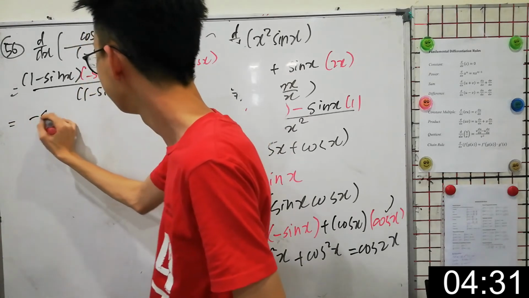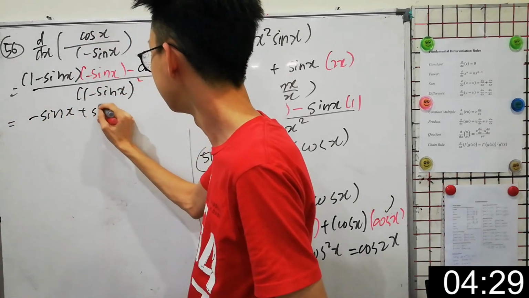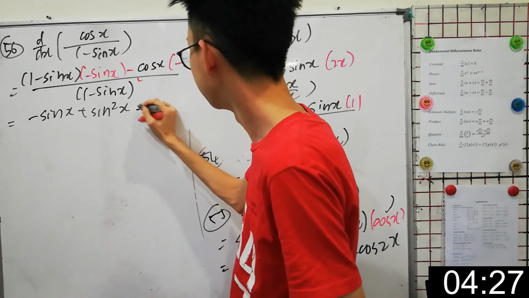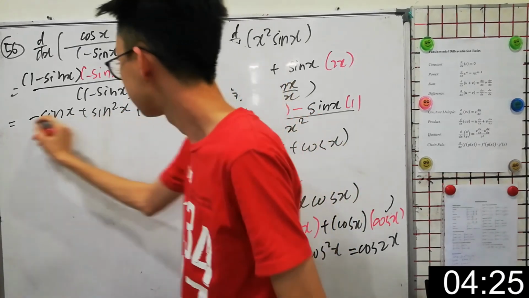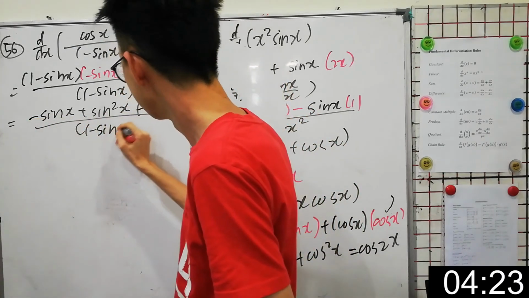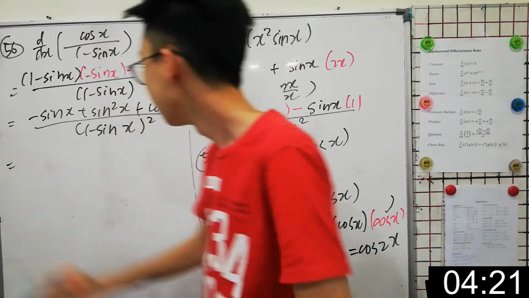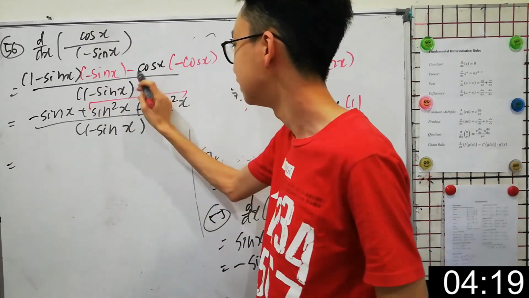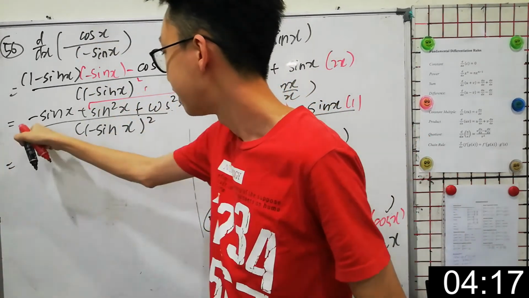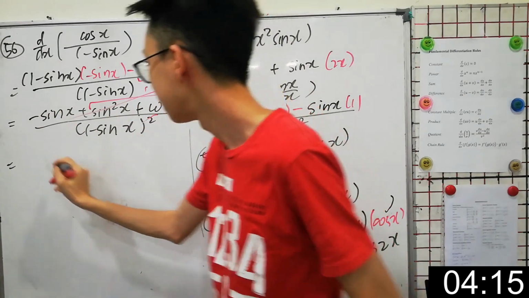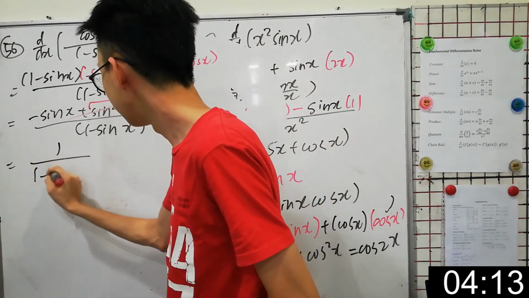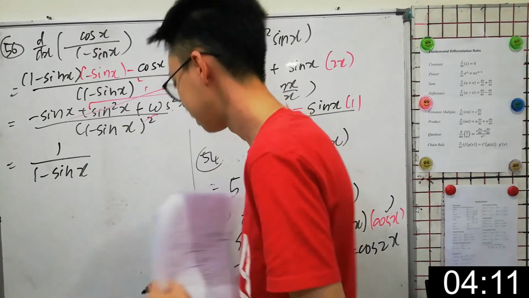So it's negative sin x plus sin squared x plus cos squared x over 1 minus sin x squared. This part here is actually an identity equal to 1. So 1 minus sin x, and this is actually the same, so it's 1 minus 1 over 1 minus sin x.